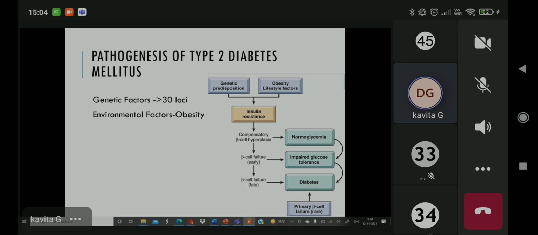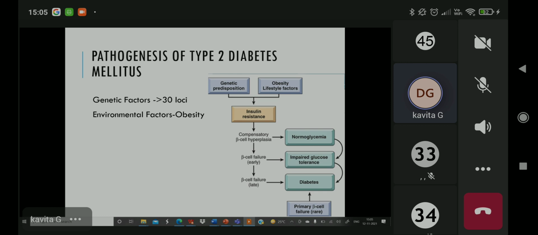How is this happening? Same funda, genetic factors as well as environmental factors. Now here, the main environmental factor is not the viral infection. The main environmental factor is that your patient is obese. Lifestyle problems, as a result of which insulin is being made, but the insulin is not functioning properly. There is insulin resistance, as a result of which the beta cells are struggling.